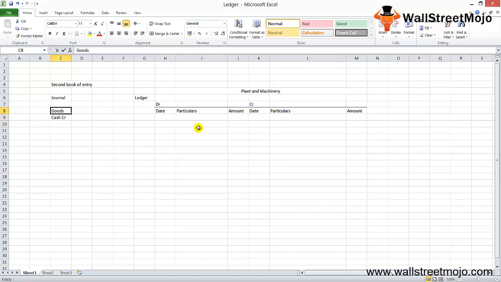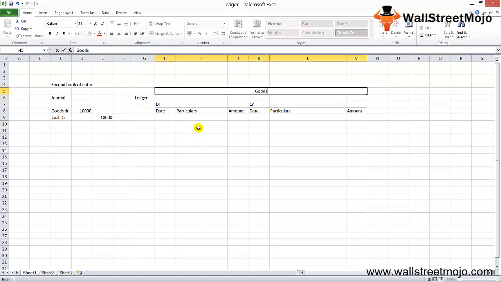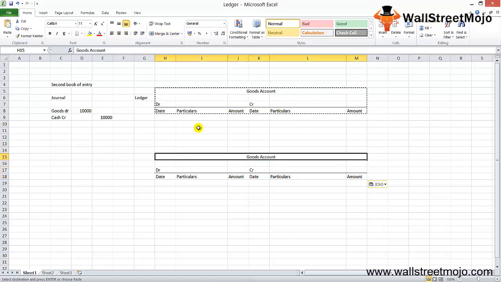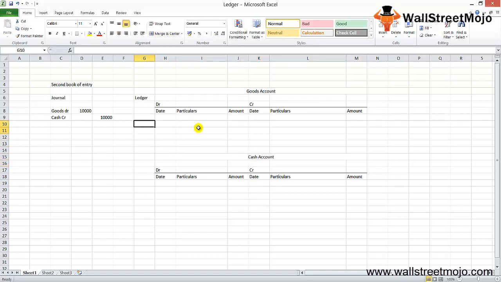So this will be a credit entry, and this will be a debit entry. Let's say 10,000 was the amount, and 10,000 is here. So this is, let's say, the goods account. And let's prepare another account, that's your cash account. So this is the journal entry that you prepared for the goods. Now you will record the data over here.